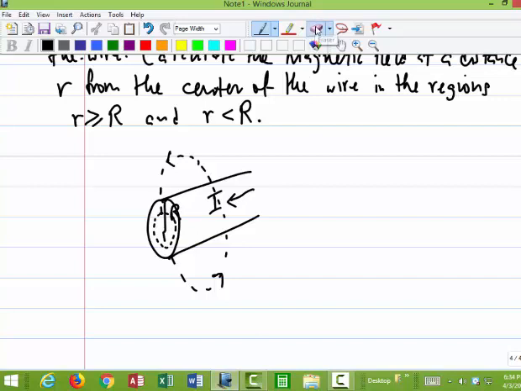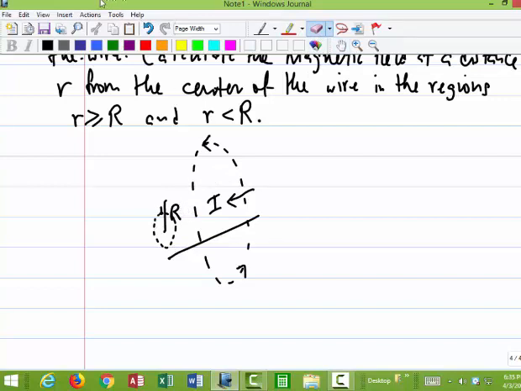Let me redraw this better. What we have here are two regions that we are interested in finding the field in. Like I said, the radius is uppercase R, so this is this radius R. This small radius is little r, and then when we come out, we can find the field outside of this region, also from the center.